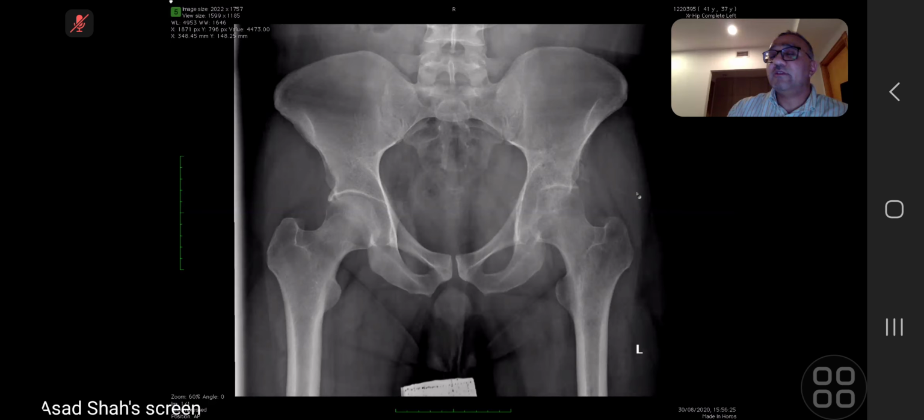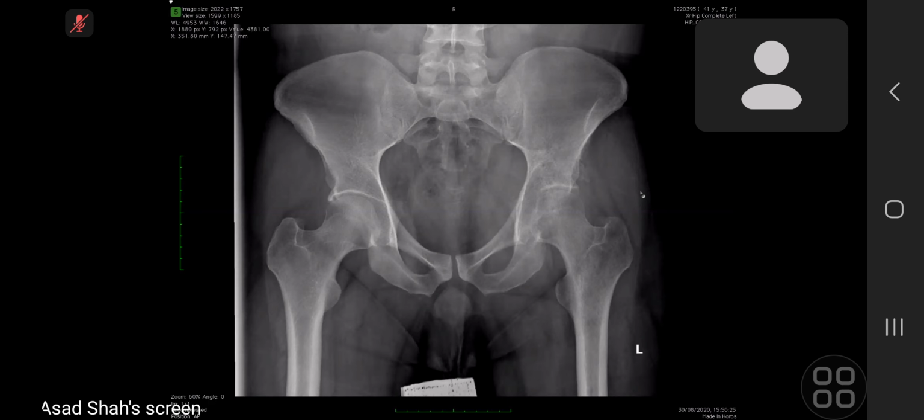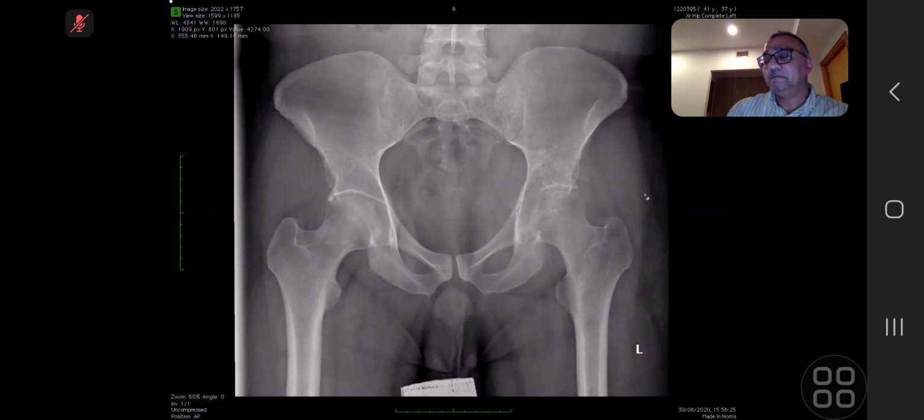Right. So will that change your differential now? Yes, this will change my differential. This is some aggressive pathology going on. Right. Okay. Give me a differential.